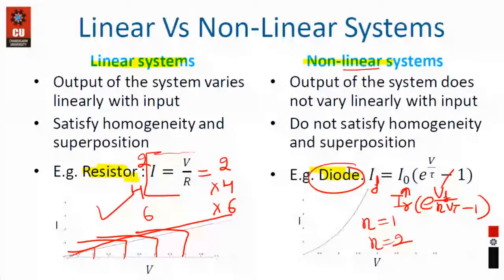VF is the forward voltage and VT is the temperature dependent voltage, that is T upon 11,650. In a semiconductor, this temperature voltage is very important, because at room temperature the semiconductor starts behaving as a conductor, but at 0 degree Kelvin, it is just an insulator.